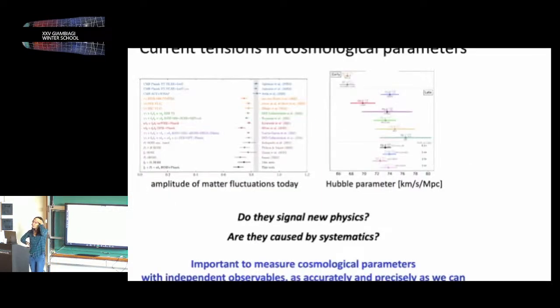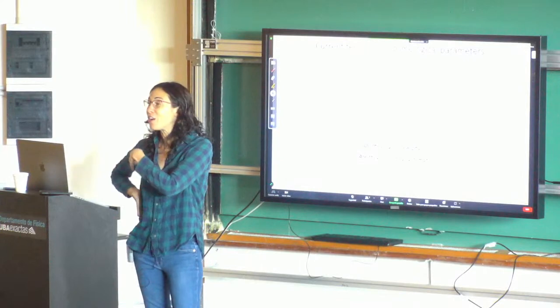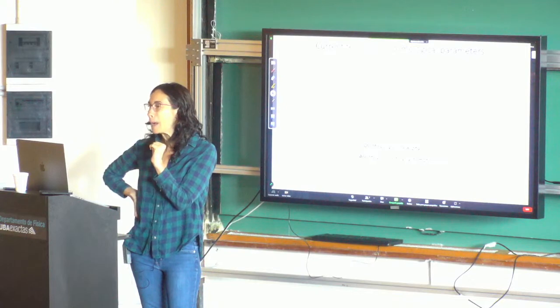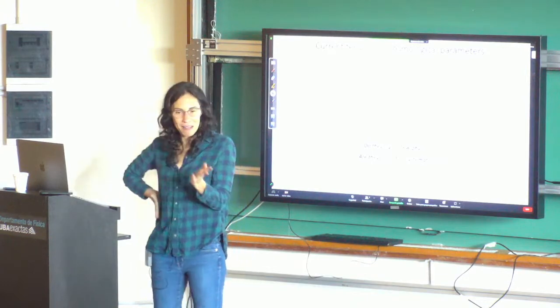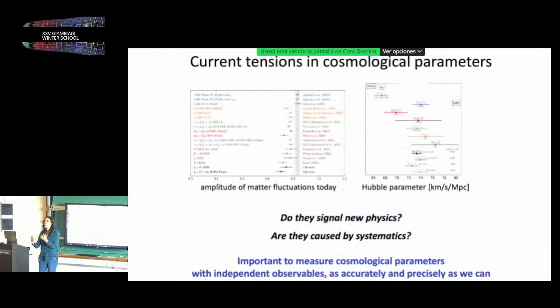In addition, this is a course on statistical methods, and there are some posters here on metrics for measuring tensions between different parameters. You probably saw this in some other lecture: current cosmological tensions in parameters are very relevant.